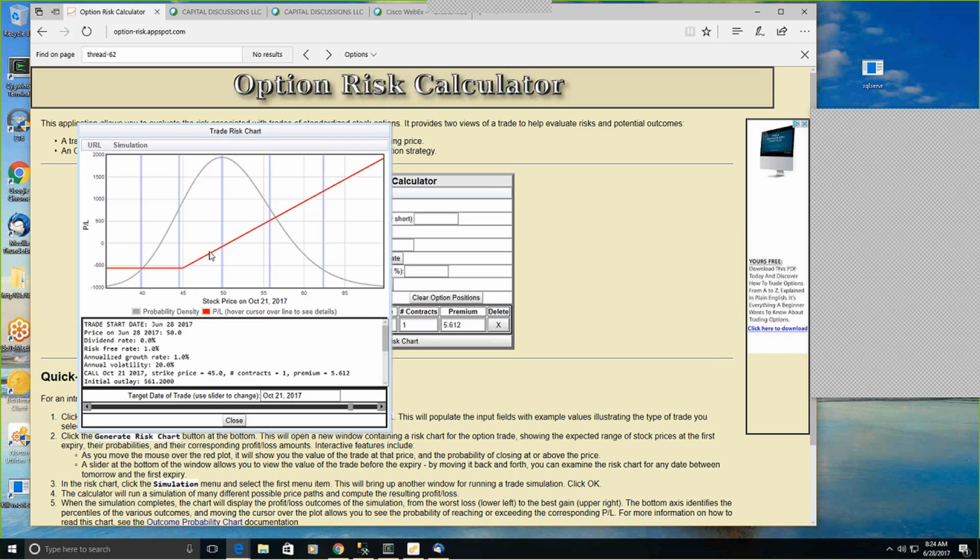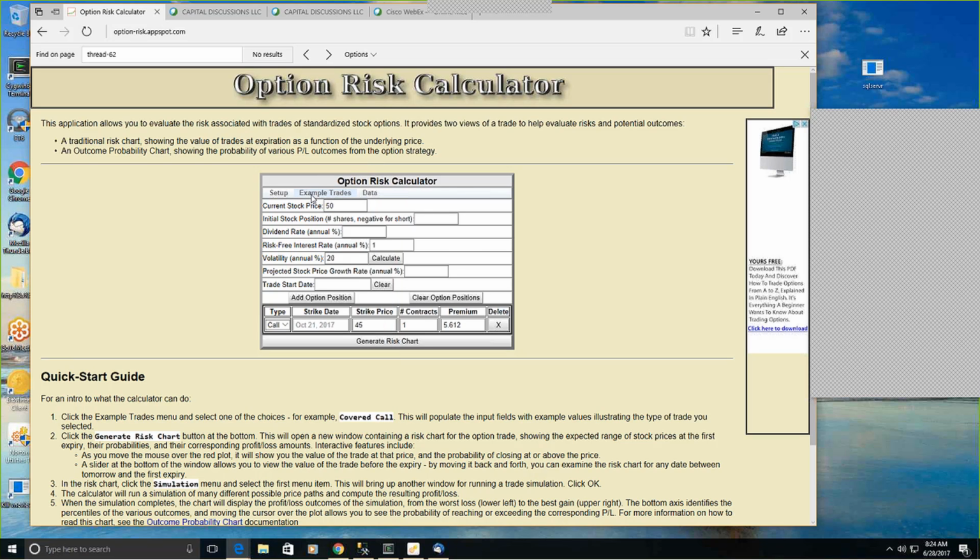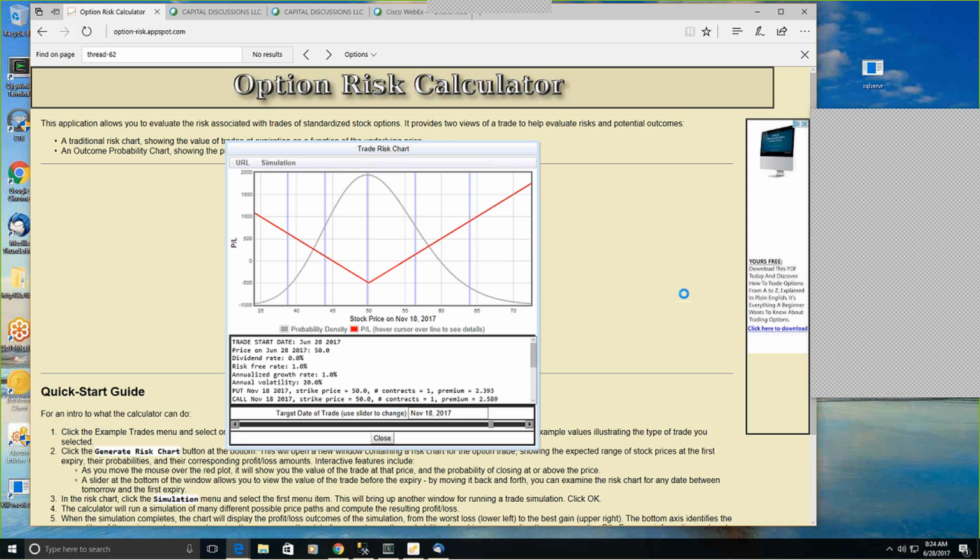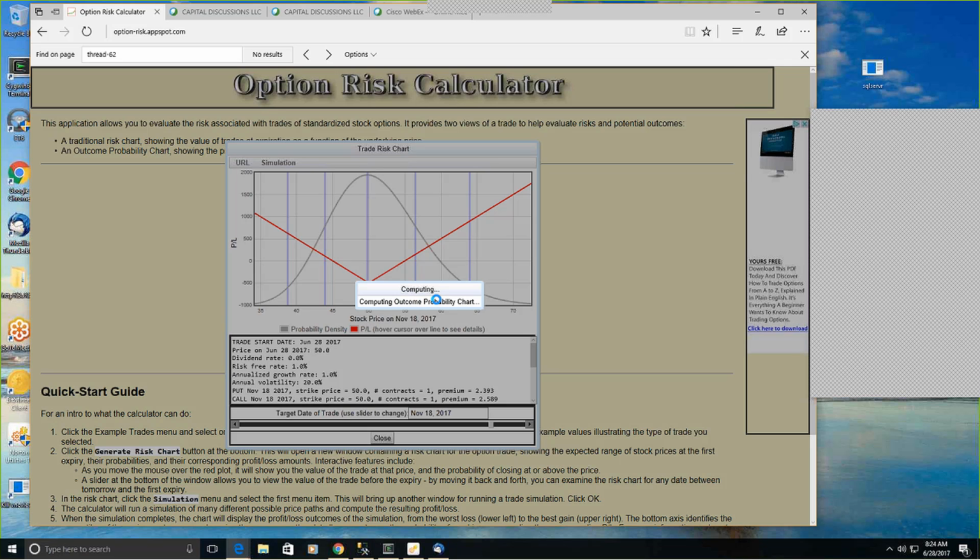If we look at, let's pick a more complicated trade, like let's pick a long straddle. Now this one's a little harder to understand because, of course, the most successful parts are in the tails here. And so looking at this and understanding the probability of success gets harder, and this is, again, where the simulation tries to make it easier.